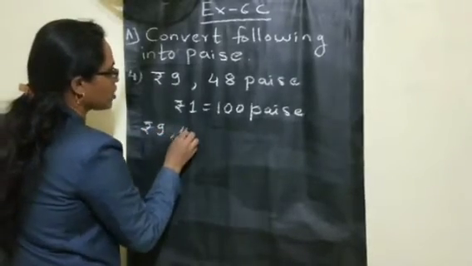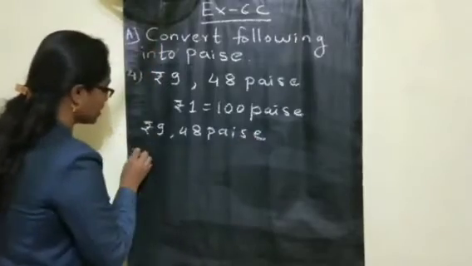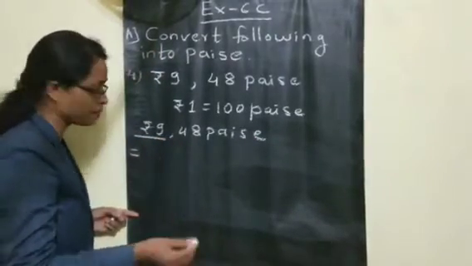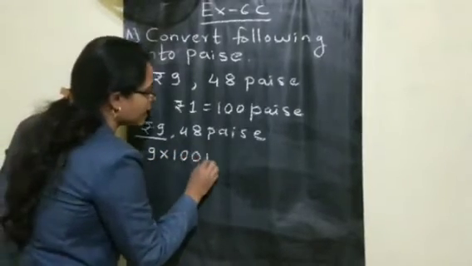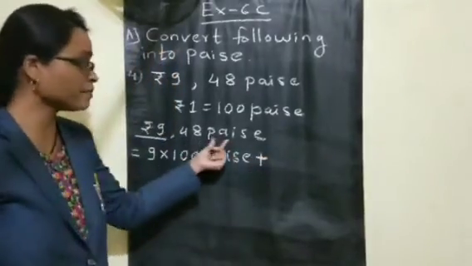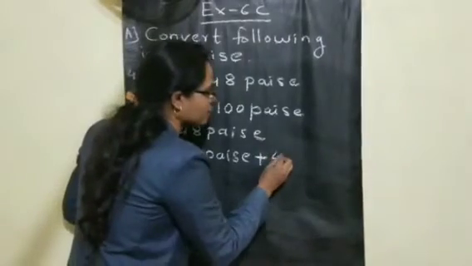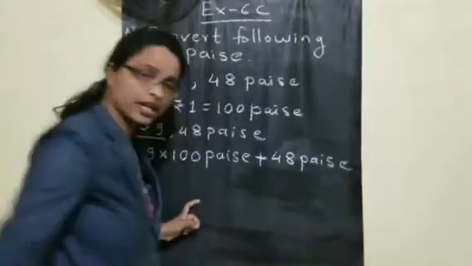Rupees 9, 48 paise is equal to, children. Now first let us convert this rupees 9 into 100 paise. So 9 multiplied by 100 paise plus this 48 paise is extra paise which we have to add. So write here 48 paise. Okay.